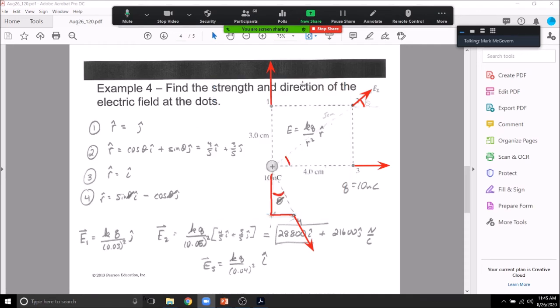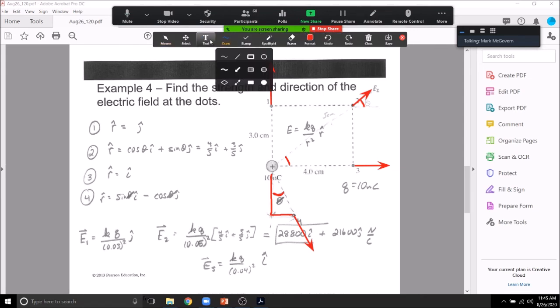We had a question about why the sines and cosines flipped here. That happens because we have an angle that's defined with respect to a vertical axis. If you look at the vector for number 2, that angle is in what we call standard position. So the x component is the adjacent side, it gets the cosine.